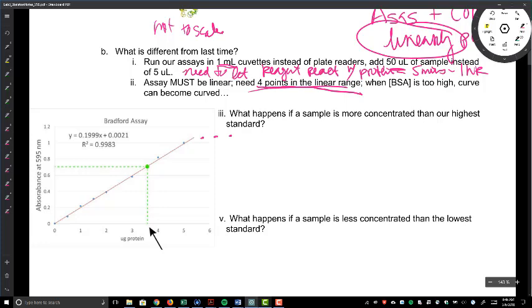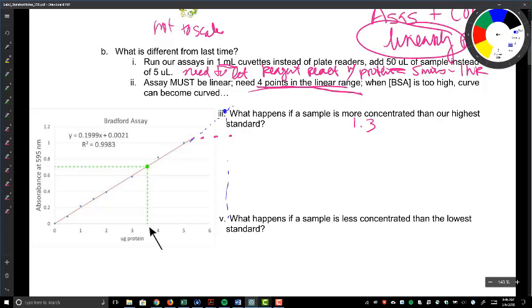So in this case, what happens if a sample is more concentrated than our highest standard? So let's say you have a standard that gives off an absorbance of 1.3. In theory, you might think, oh, I can just extend that line. Oops, let's bring this back. It's fine. I can just extend that line. And 1.3, that's going to correspond to like 7 micrograms.